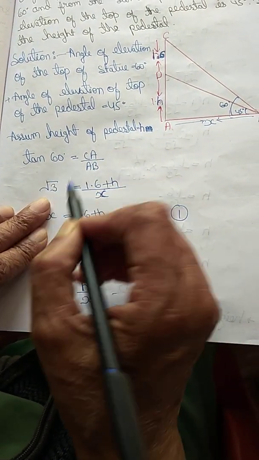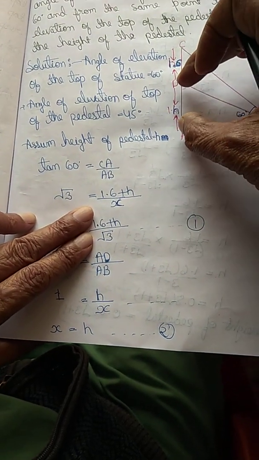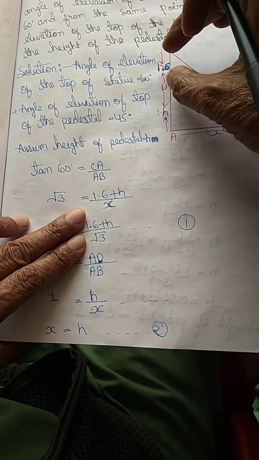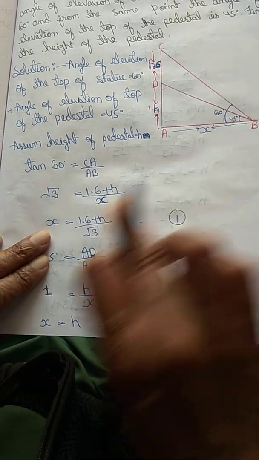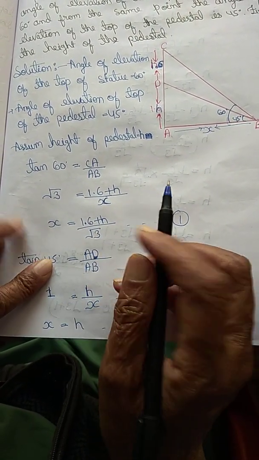Tan 60 is root 3. Root 3 is equal to CA, which is h plus 1.6, that is the height of the pedestal and the height of the statue, so 1.6 plus h upon x. So x is equal to 1.6 plus h upon root 3.